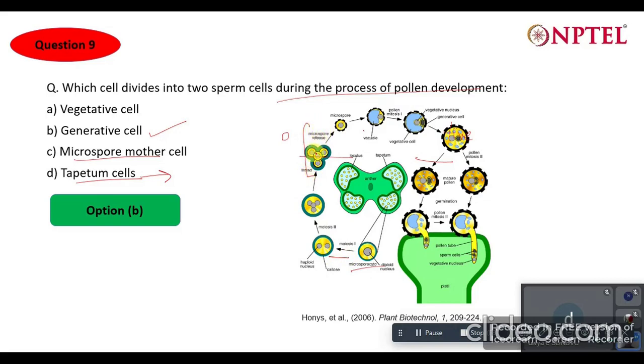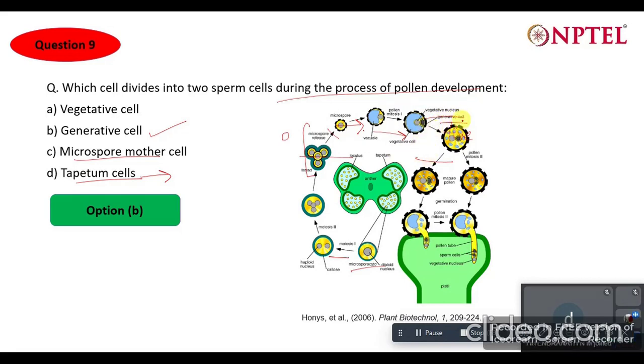Then one of the microspores produces this pollen that has a vacuole and a nucleus, and after unequal mitosis, this produces a vegetative nucleus as well as the generative cell.